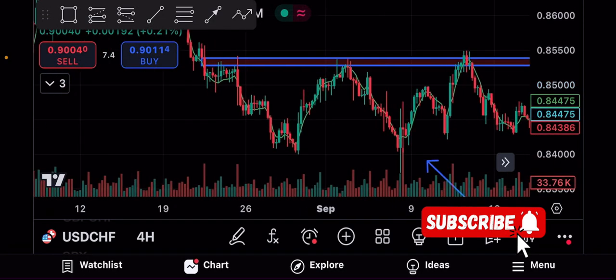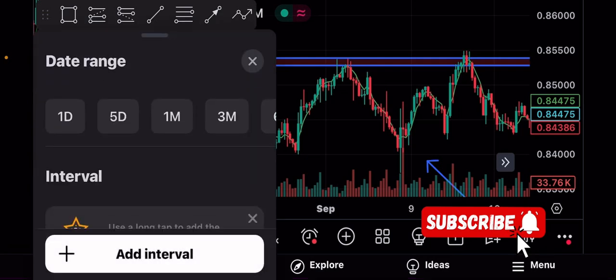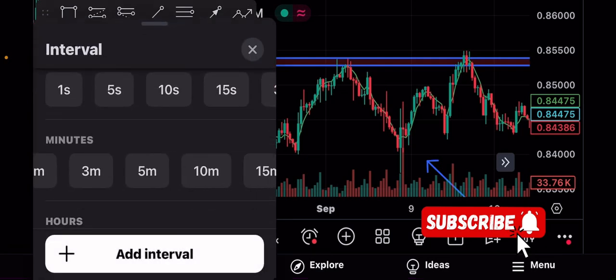Okay, for instance, if you want to have an entry using the resistance level, you go to your 15-minute time frame.